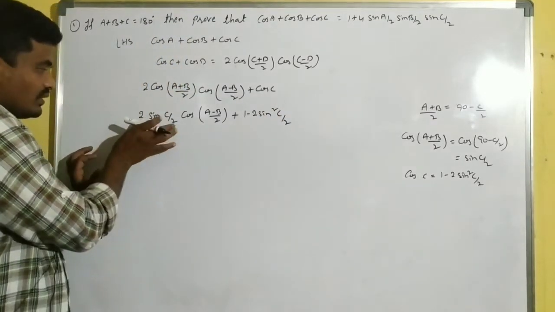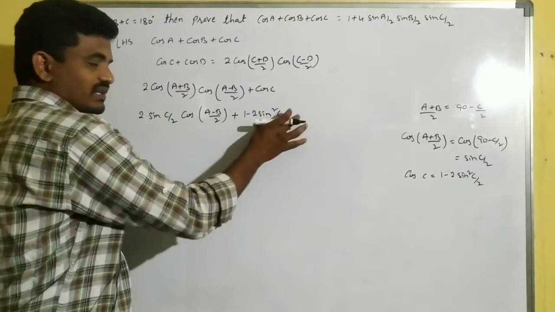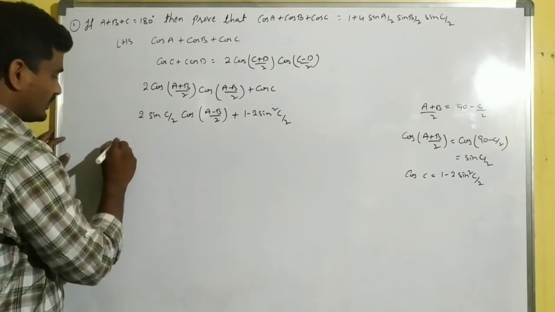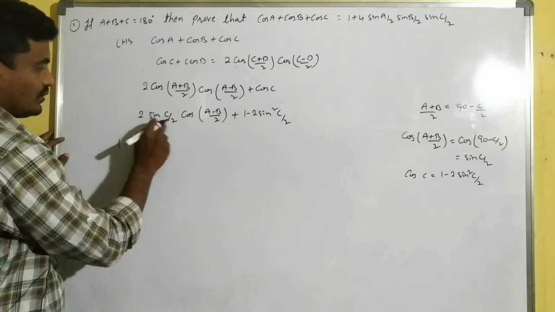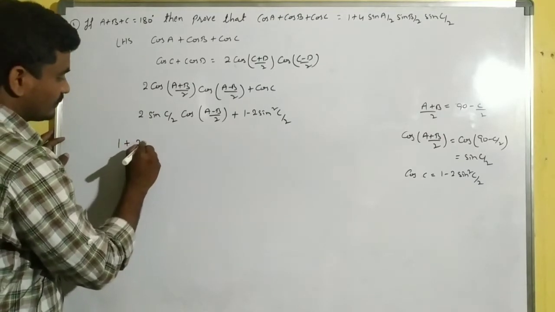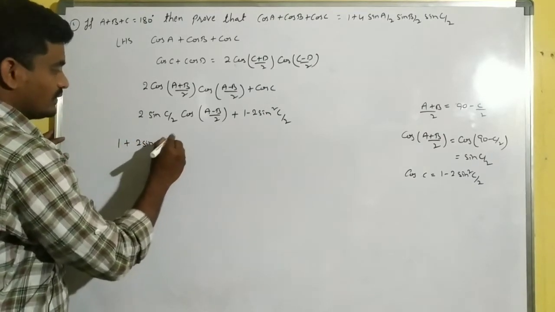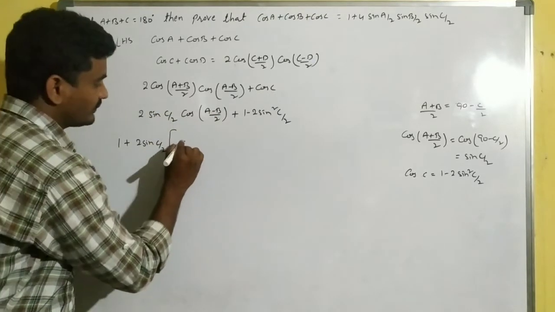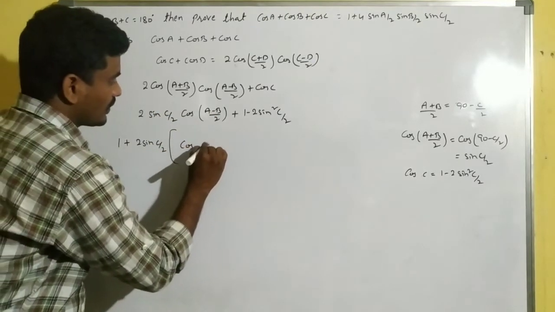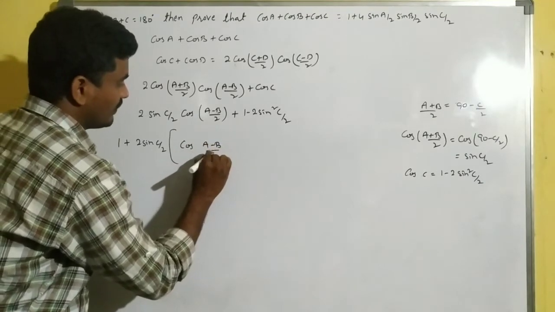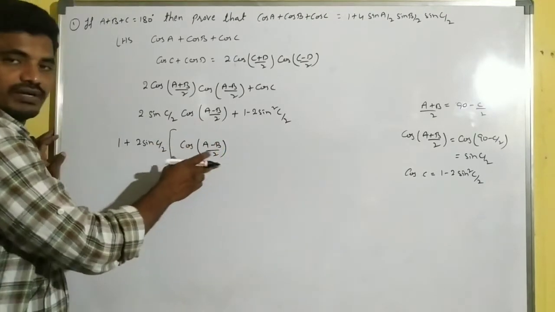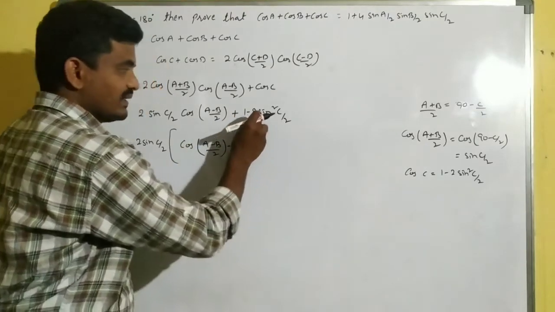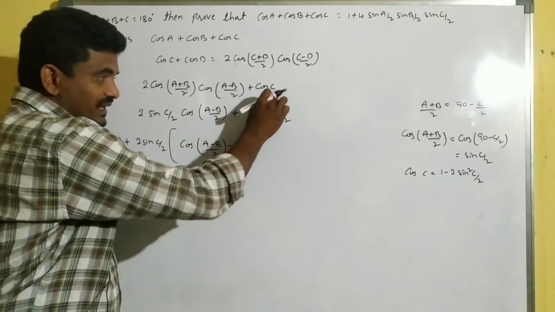Next, 2 sin c by 2, I am going to take common first. Here plus 1, I am writing first, plus 1, 2 sin c by 2. When I take this common, from here you will get cos (a minus b) by 2, and here we get minus 2 sin square c by 2.